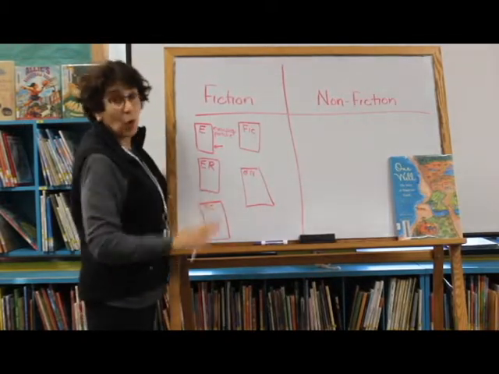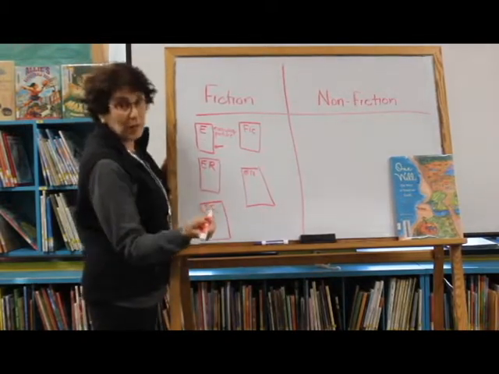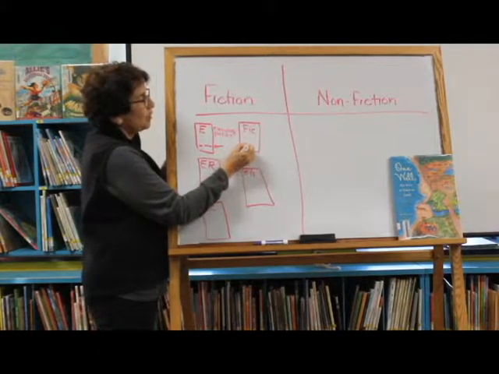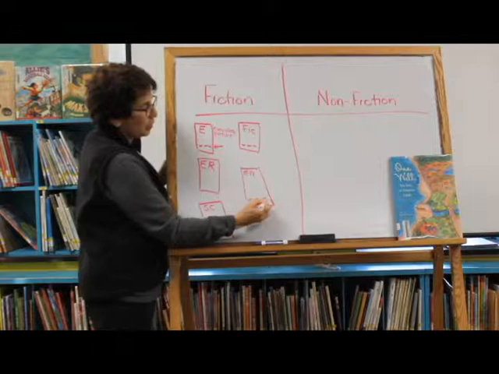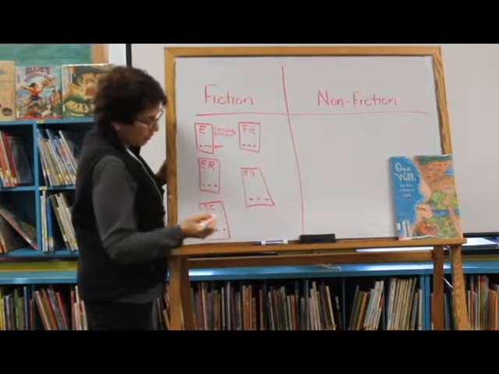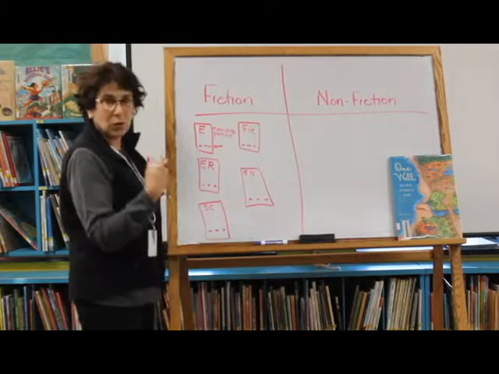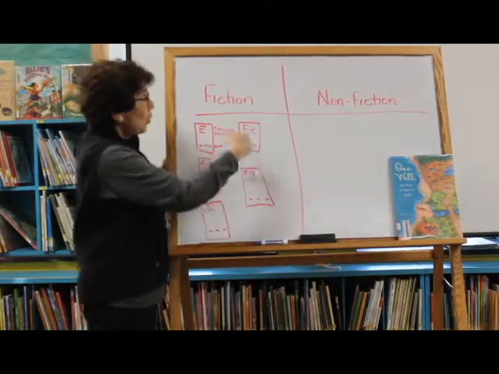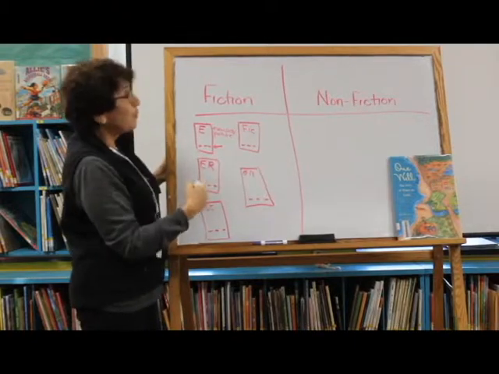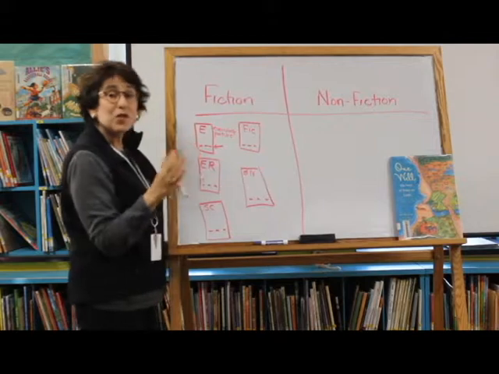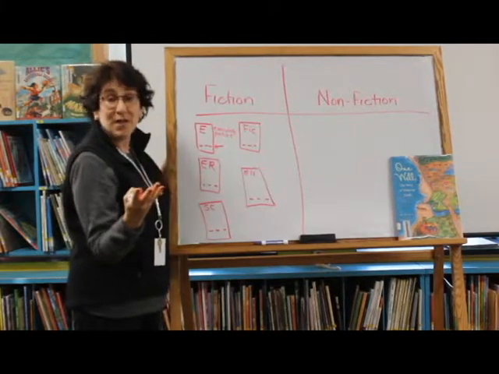The thing they all have in common is on the bottom of each call number. These are called call numbers, even though these don't have numbers, it's still called a call number. On the bottom of each call number and spine label are the first three letters of the author's last name.